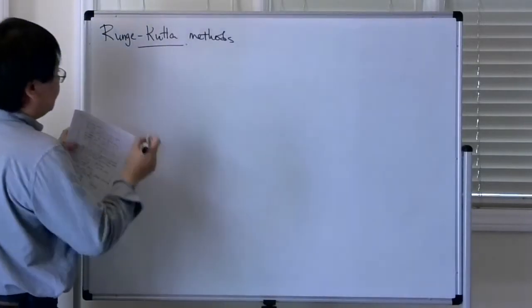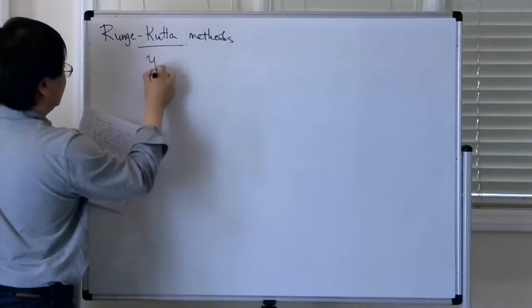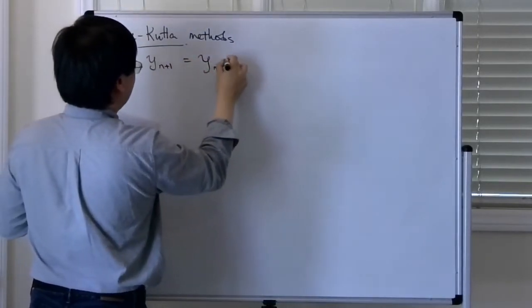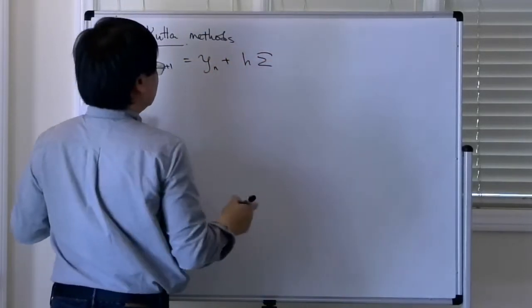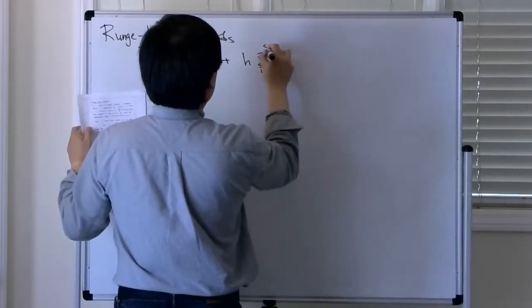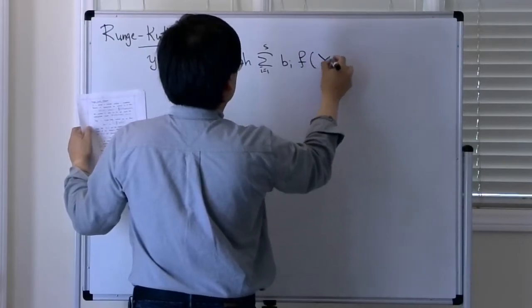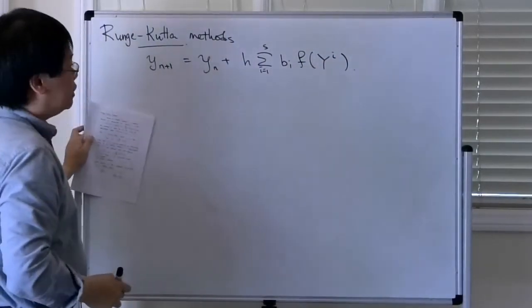In a Runge-Kutta method, the final update, y at n plus 1, is going to be written as yn plus h times the sum from I equals 1 to s of bi f evaluated at some internal stages, which I denote by yi.